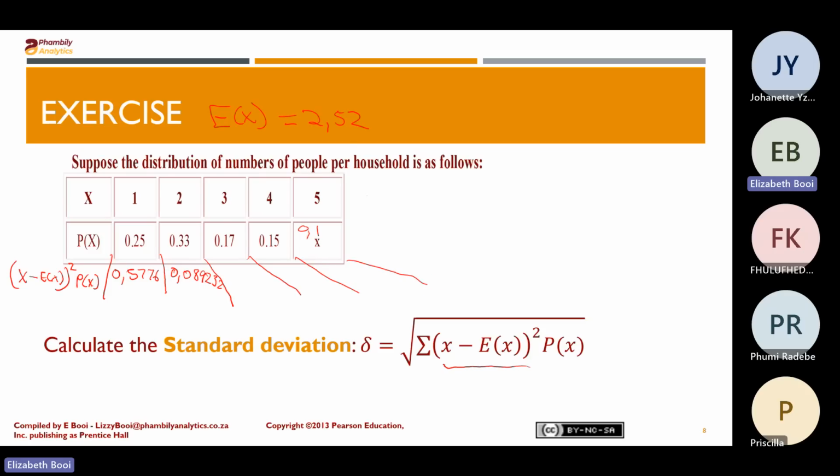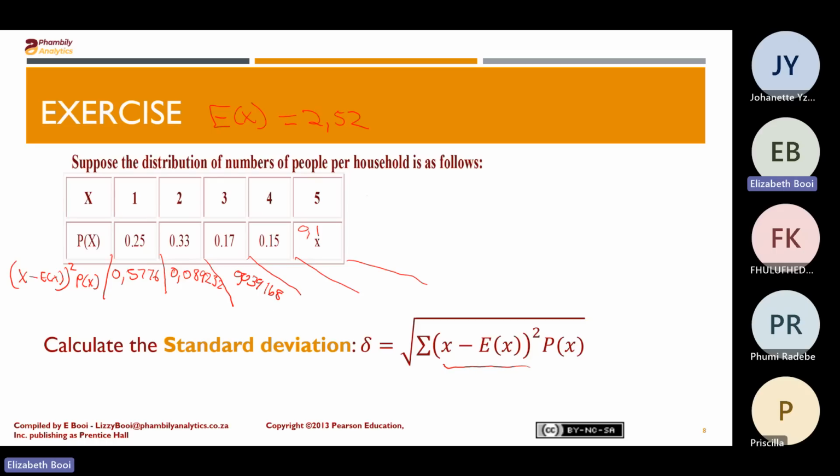The next one is 3. It's 3 minus 2.52, and equals, square the answer, multiply by its corresponding probability of 0.17, which is 0.0391668.